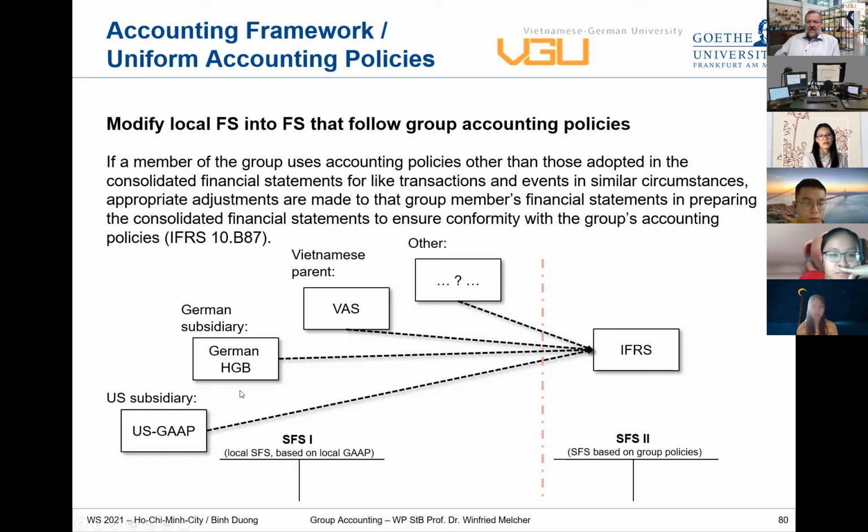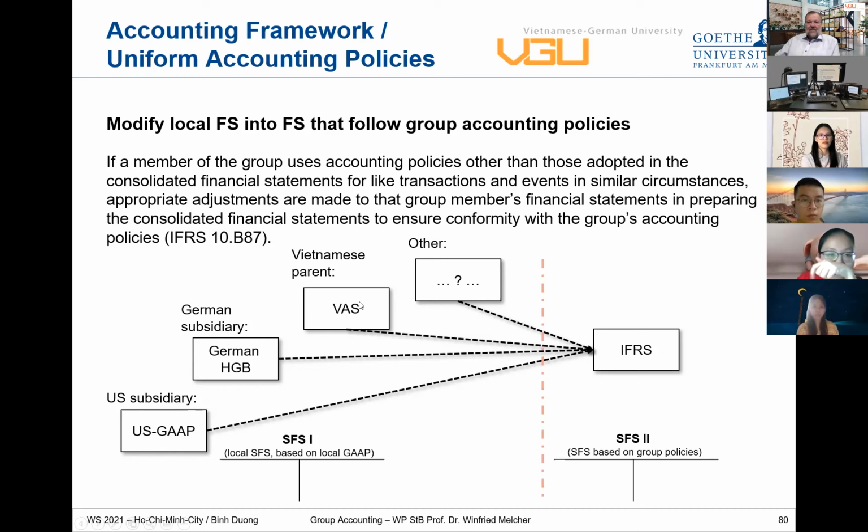Think of a US subsidiary. They are obviously following US GAAP. The German subsidiary has to set up their local single financial statements under German HGB. The Vietnamese parent, what do they have to do? They have to follow VAS.